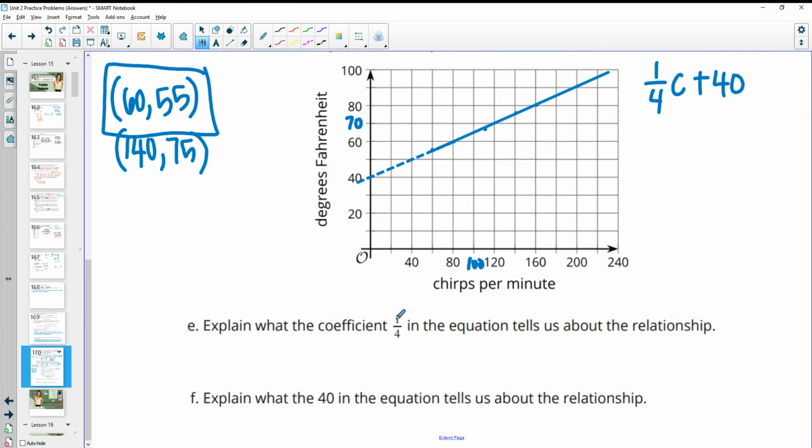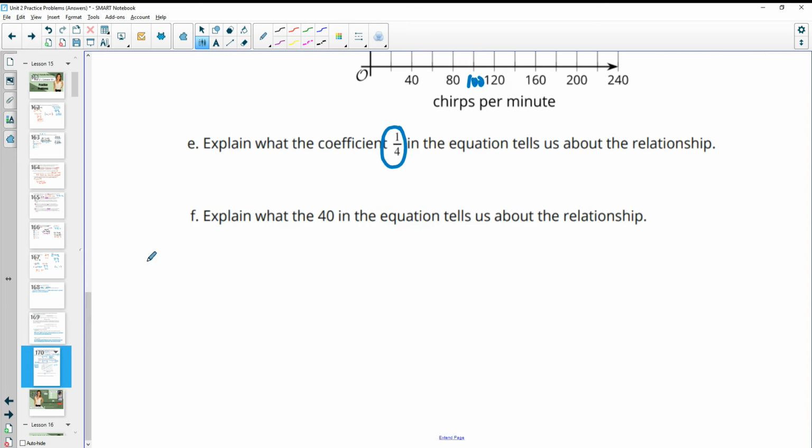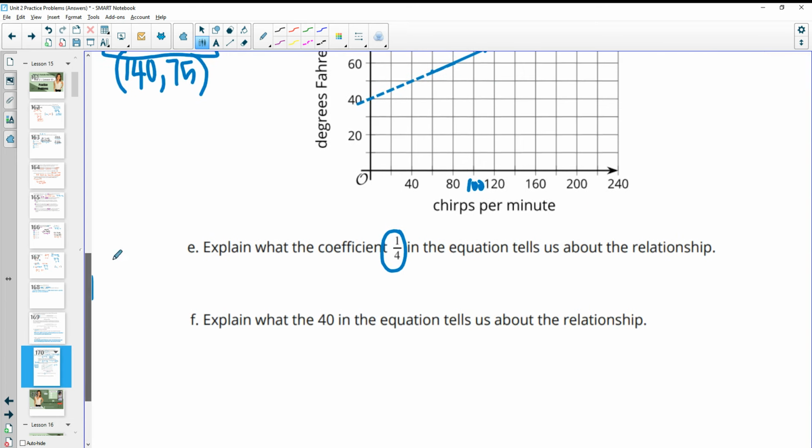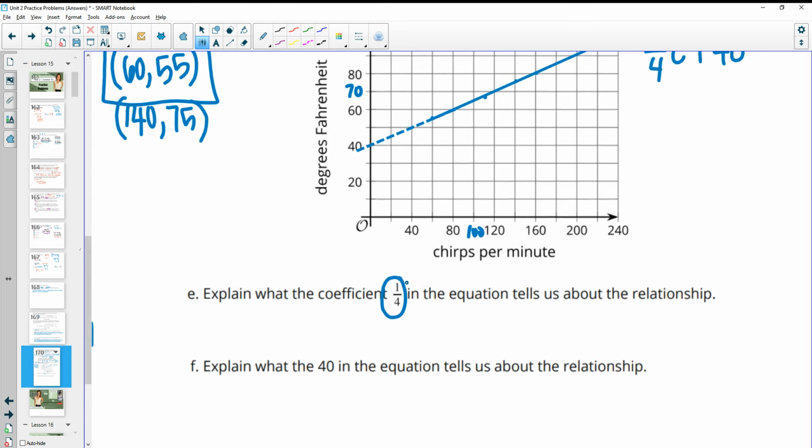So explain what the coefficient 1/4 means in this situation. So remember, 1/4 is the slope, okay? And our vertical amount, which is the top, is our Fahrenheit or our degrees. And then the bottom is the chirp.